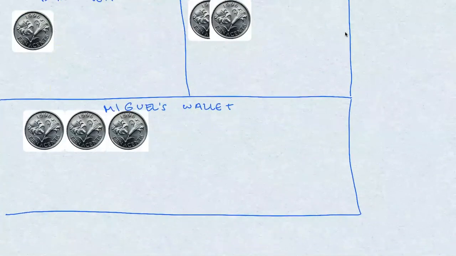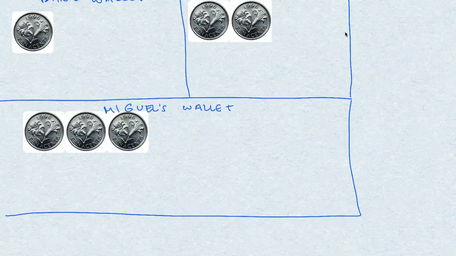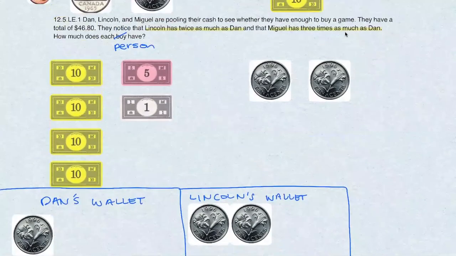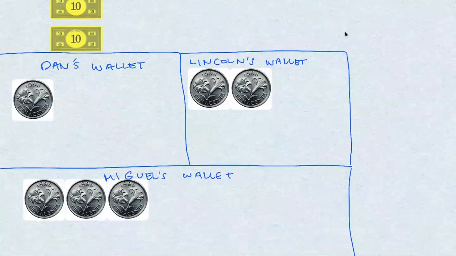Well, that's interesting. I just noticed that every time I divvy up the money between Dan, Lincoln, and Miguel, based on the information given that Lincoln has twice as much money as Dan, and Miguel has three times as much money as Dan, I actually get rid of 6 units of the same amount.